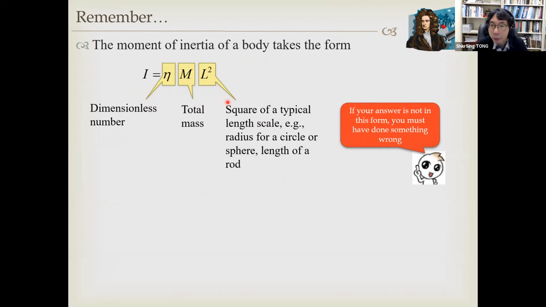Now you should always notice that the moment of inertia found should be of the dimension of mass multiplied by a certain length squared. If you find that your answer is not in this form, you might have done some calculation wrong, and you had better check it. Okay, so that is the idea.